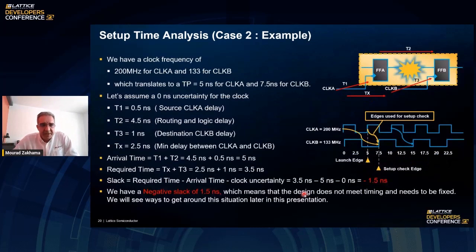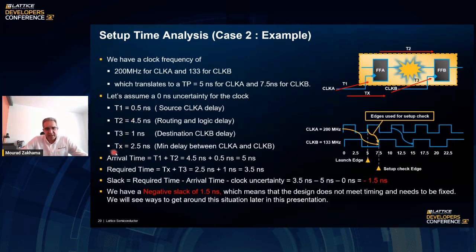So if we take this example that we've gone through, just going through the numbers to make it look more real. We have a 200 megahertz clock and a 133 megahertz clock. So the period of the clock is 5 nanoseconds, and 7.5 nanoseconds for clock B. Let's assume that there is 0 nanosecond uncertainty for the clock. Then we have these timings T1, T2, T3, and Tx.